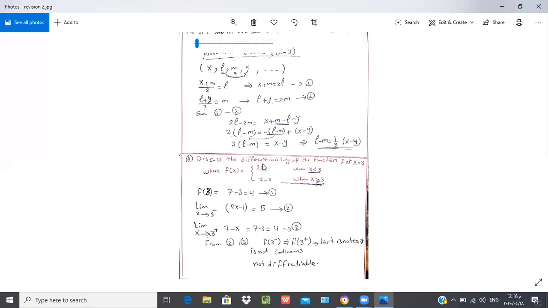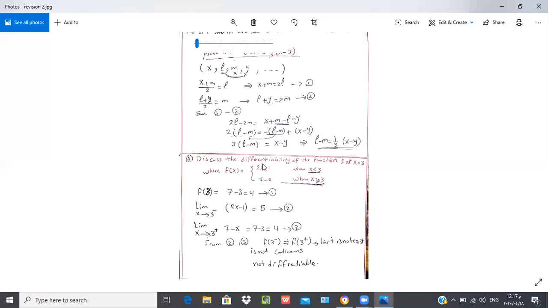If it is not continuous, it will not be differentiable. You know this relation, Jana? If it is differentiable, it must be continuous. But if it is continuous, it's not necessary to be differentiable. It may be differentiable or not. But if it is discontinuous, it mustn't be differentiable.